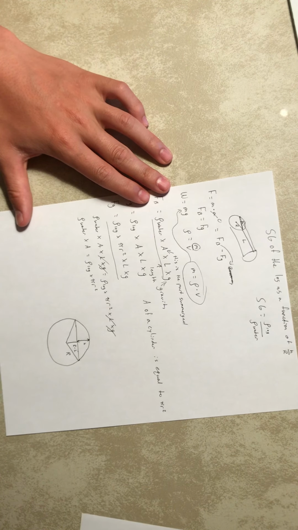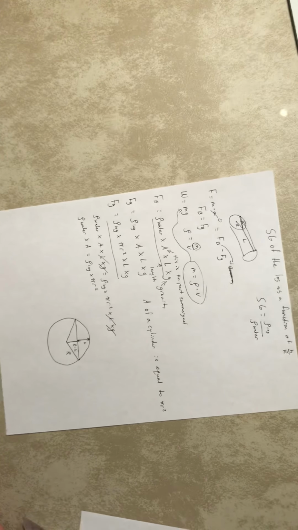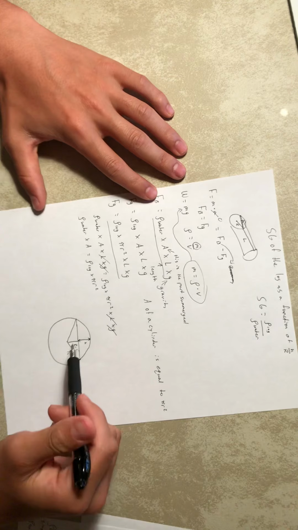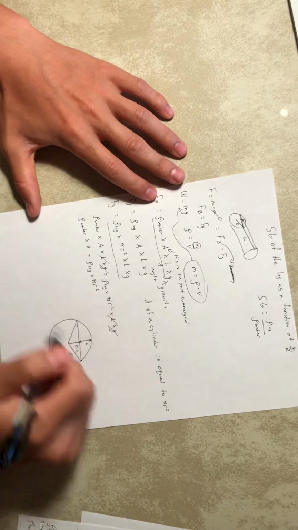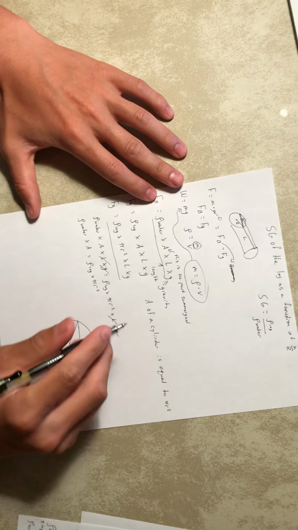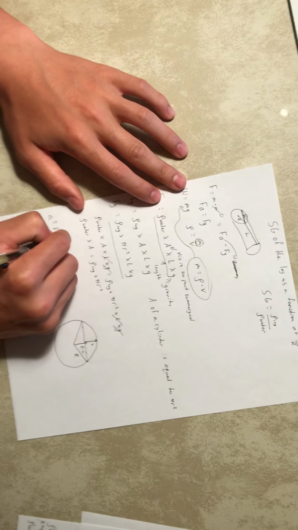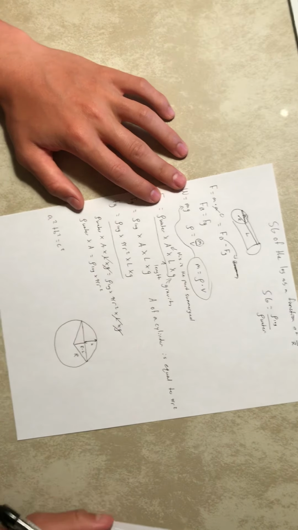So the next step, I have to reset this up, is we're going to be looking at the triangle, figuring out what the x is. So we know a squared plus b squared equals c squared.